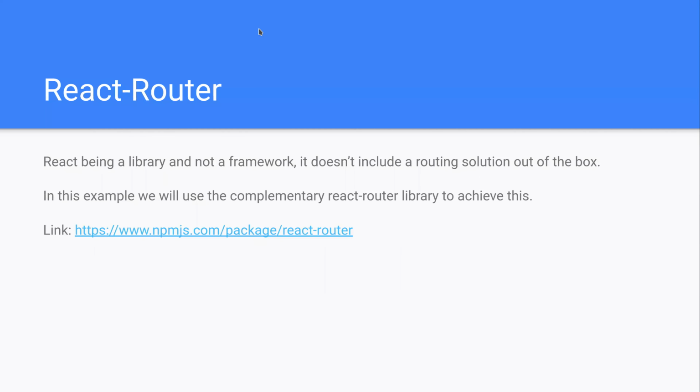React, being a library and not a framework, doesn't include a routing solution out of the box. Unlike, for example, Angular, which manages it as a framework and already has its own routing. React doesn't.